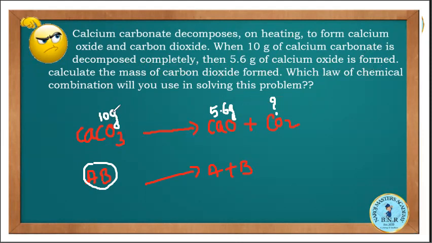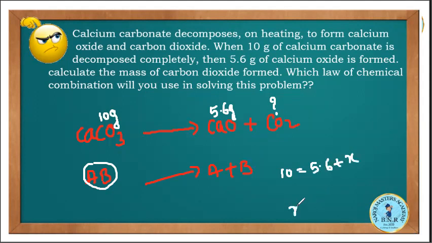Which law of chemical combination will be used in solving this problem? Very simple. The name of the law is the law of conservation of mass. According to the law of conservation of mass, mass is neither created nor destroyed. It means, assume it as x, so 10 is equal to 5.6 plus x.